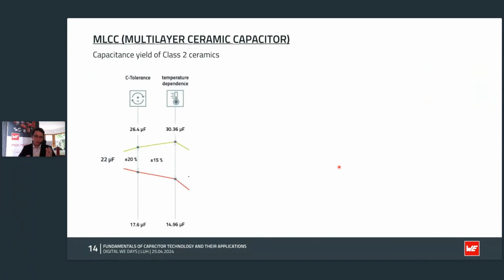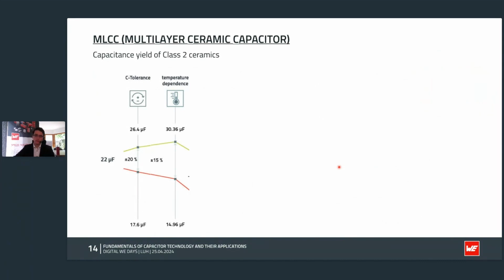So let's talk a little bit more about the capacitance yield in total for class 2 ceramics. What I selected here was a 22 microfarad, 1206, 10 volt type. If you have a look at the data sheet, for some types the tolerance is plus minus 20%. That is the normal data sheet tolerance, and then you will always have the temperature tolerance, which for X5R is plus minus 15% over the whole temperature range.